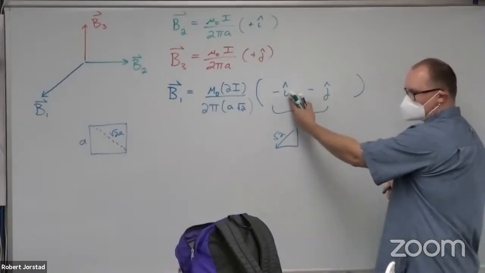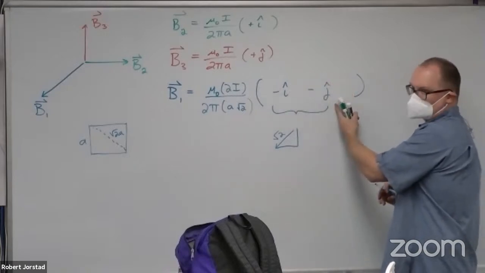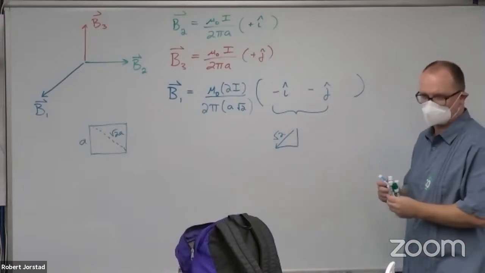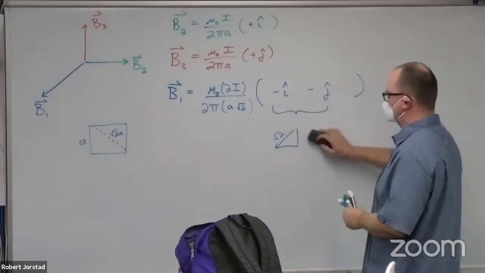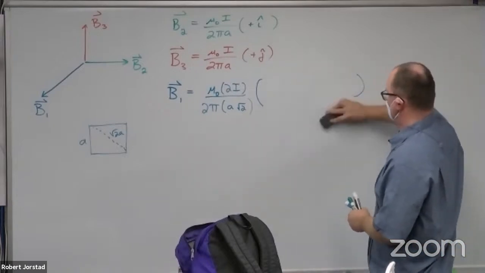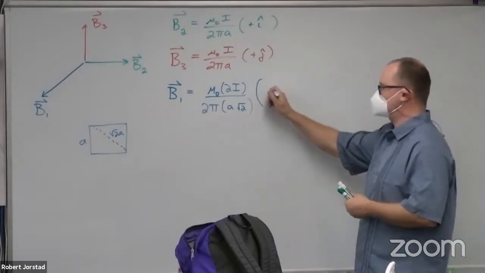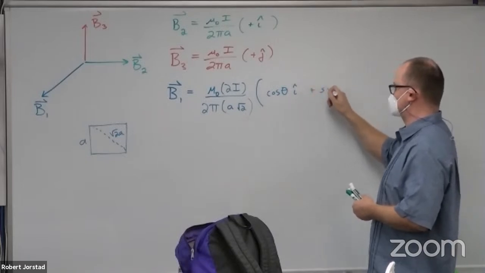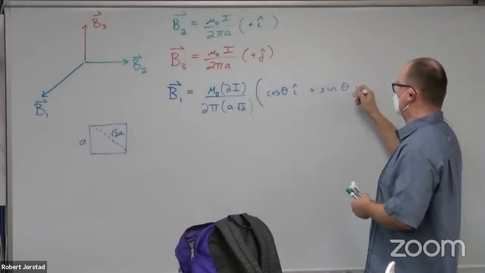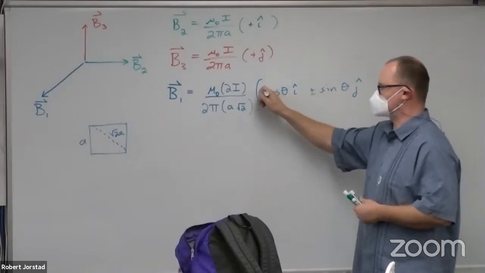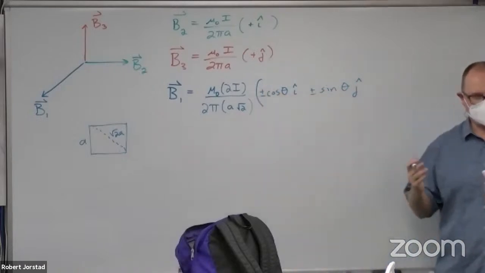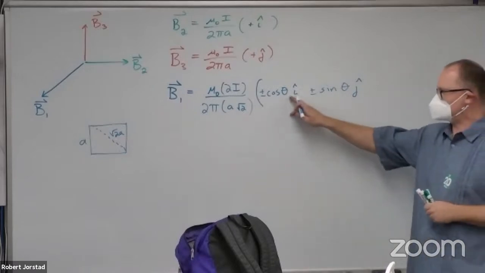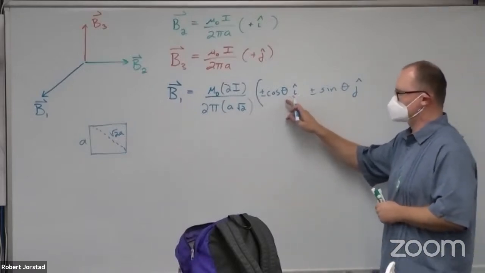This is a unit vector by itself, this is a unit vector by itself, but together they don't have length 1. So that's not right. I want you to think this one extra step in here. It's cosine theta in the i hat plus sine theta in the j hat, and then we might have plus or minus signs here, if you know what I mean. This way we'll get the right answer, okay? So in this case, what's the angle that we had right here?